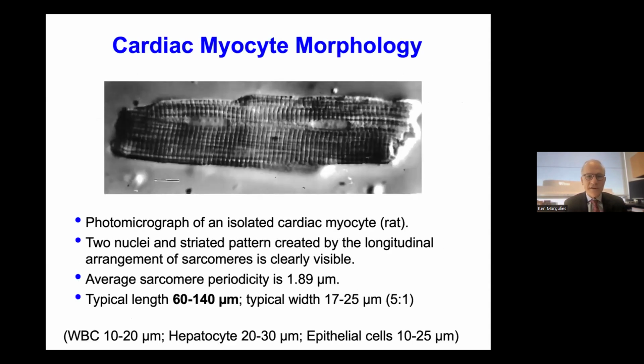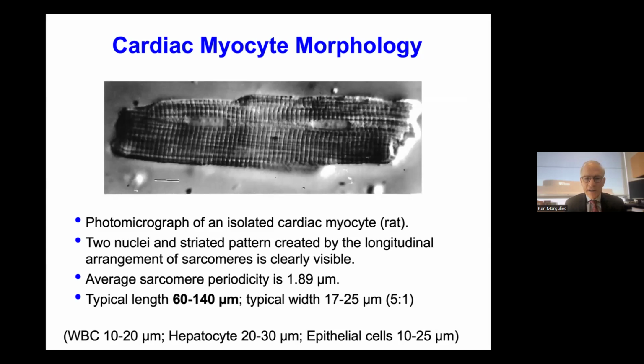So let's get started. Let's begin with a cardiomyocyte. This is a very cardiomyocyte-focused talk, and this is a picture of an isolated rat cardiac myocyte following collagenase digestion. You can see a couple of nuclei shown here, and lots of stripes. The striated pattern is caused by the longitudinal arrangement of sarcomeres in a very organized fashion that we'll delve into a little bit more.